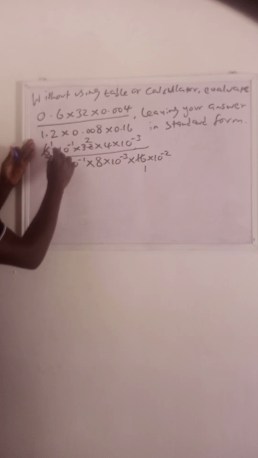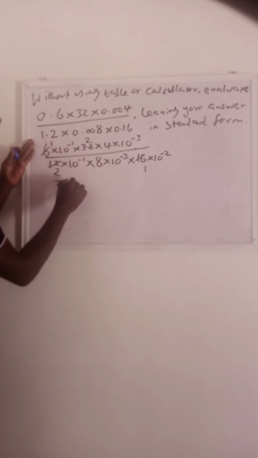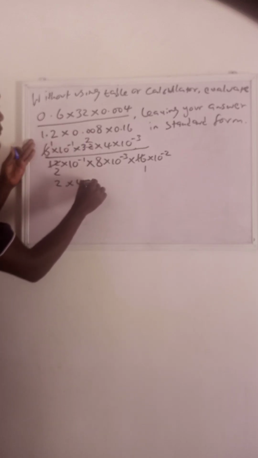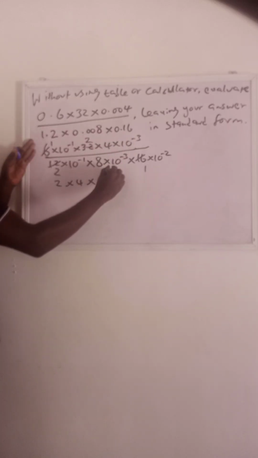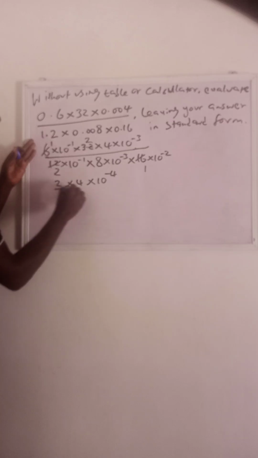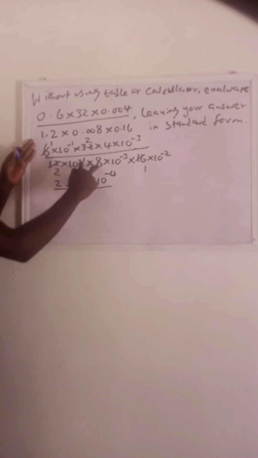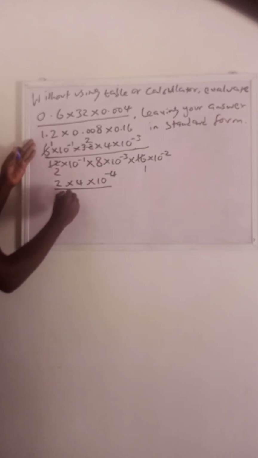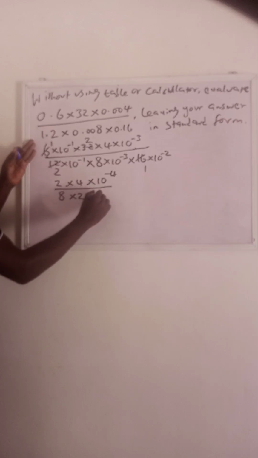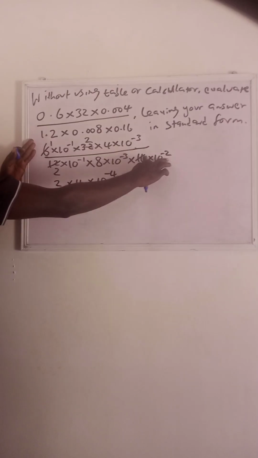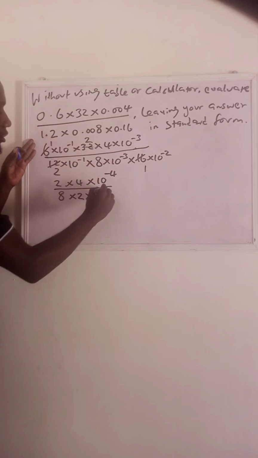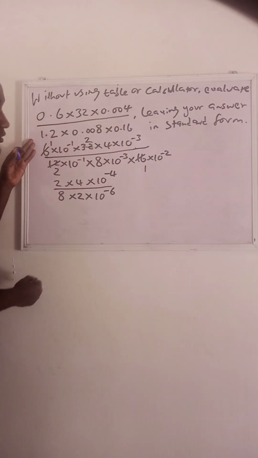The numerator, what we have now is 2 times 4 times 10 raised to the power of minus 1 minus 3 is minus 4. Then all over the denominator, we have 8 times this 2 here, then times 10 raised to the power of minus 1 minus 3 is minus 4, and then minus 4 minus 2 will give us minus 6.